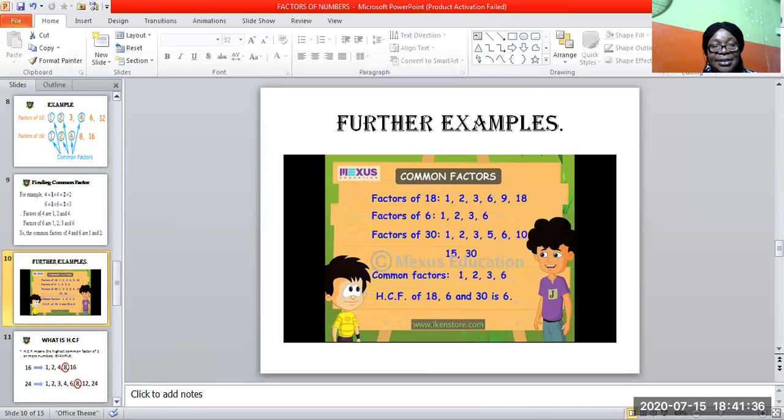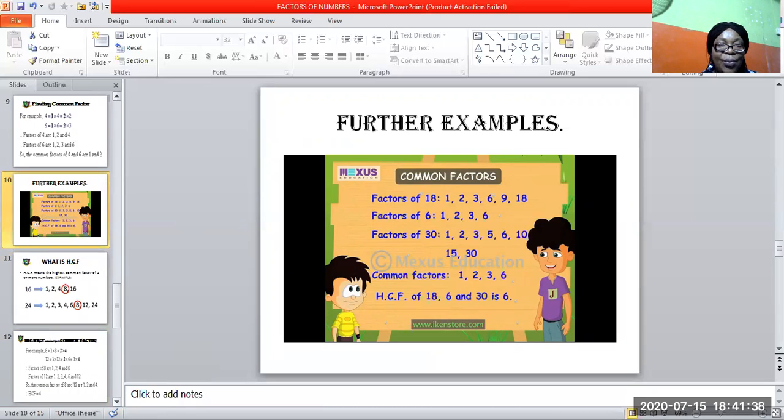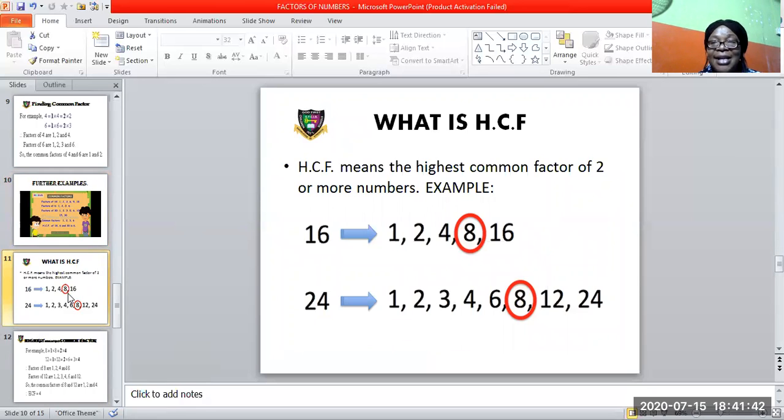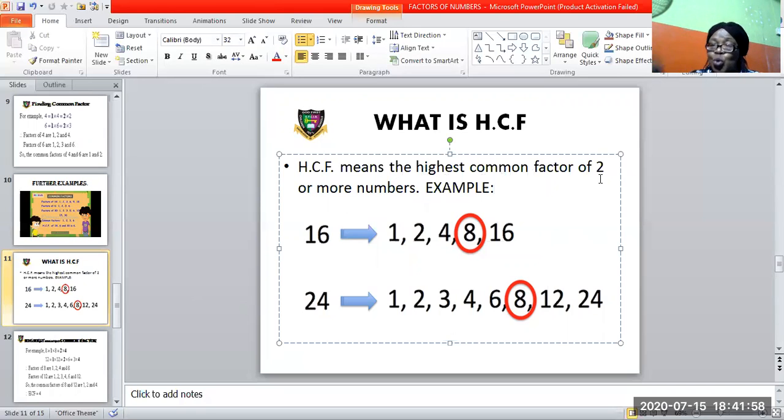We explained what we mean by highest common factor. Highest common factors are the greatest factors. And how do we arrive at that? We say HCF, which means highest common factor, is the highest common factor of two or more numbers.